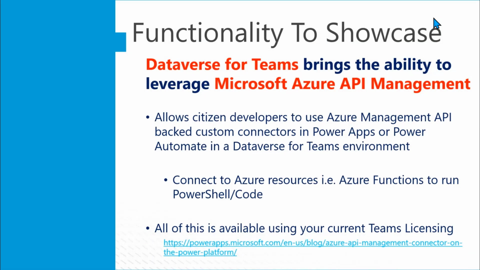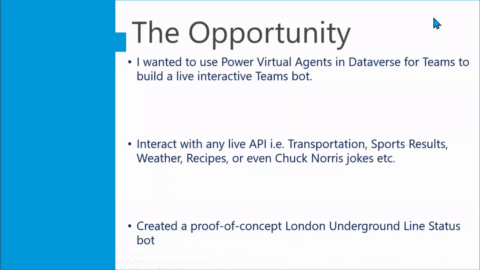So this means that, using the Azure Management API, you can connect to Azure resources, i.e. Azure Functions to run PowerShell or code. But the good thing is that all of this is available using your current seeded Teams licensing. So this is a great opportunity to use this exciting new technology with your customers or organization today.